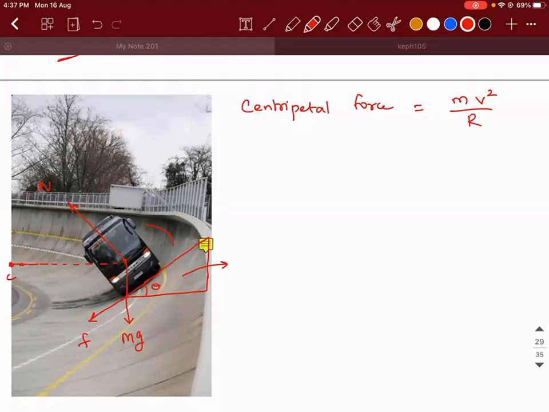But in this context, whenever you're writing centripetal force, this is the logic you need to follow. Right side, write it as mv square by r. Left side, always ask the question of who's providing the necessary centripetal force. Which mechanical or electrostatic or magnetic forces is providing the centripetal force here?